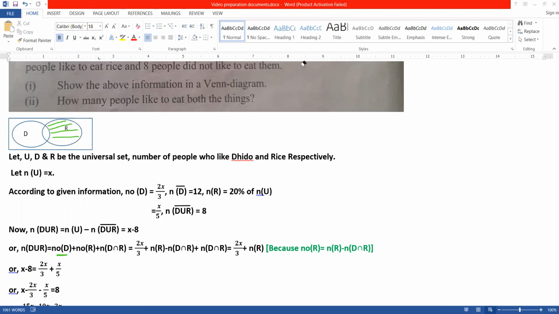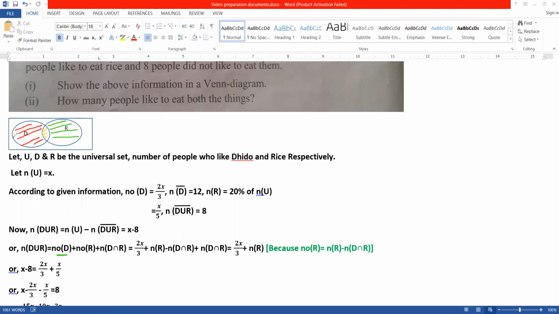Okay, and this one is only D. This part is only D. So if I add only D plus this common intersection part, this one in the middle, okay, so this yellow part you can see here. So this is the intersection, okay.